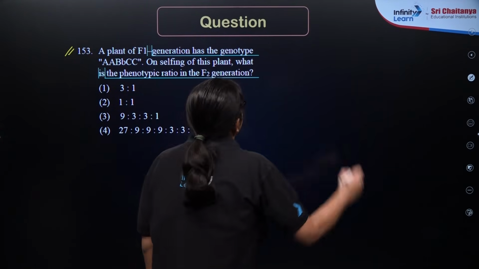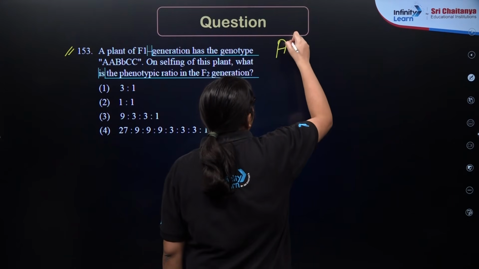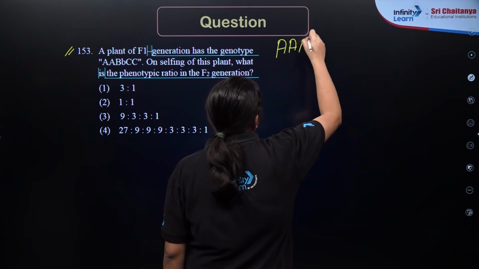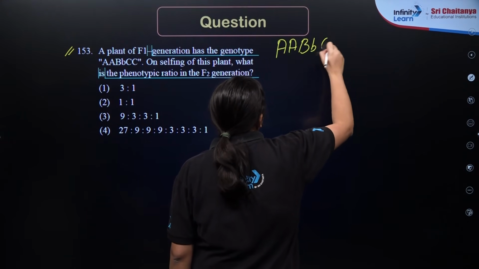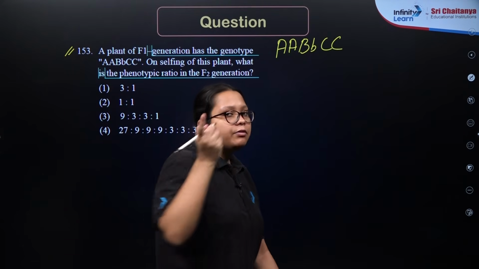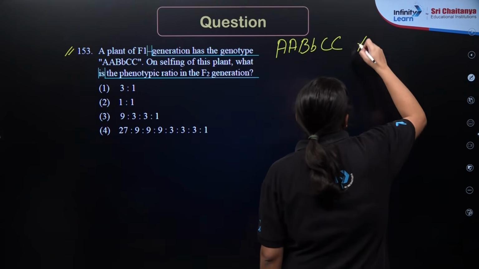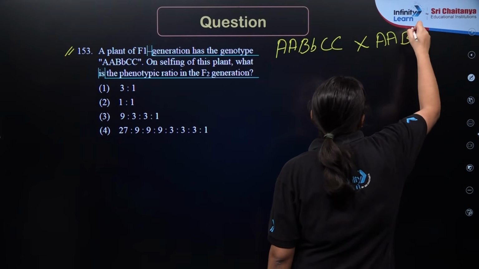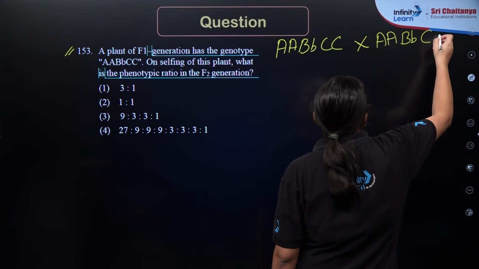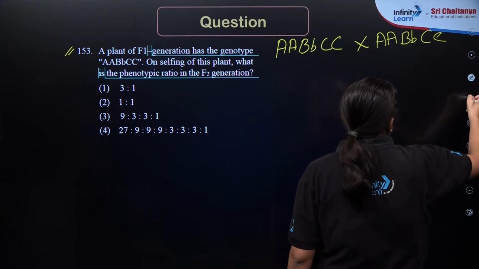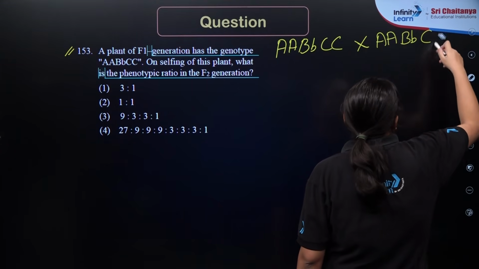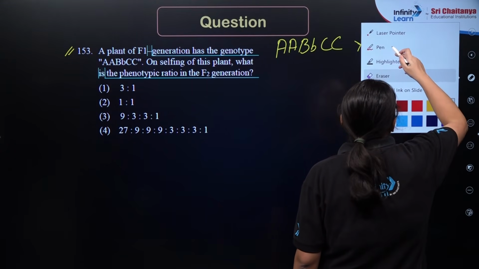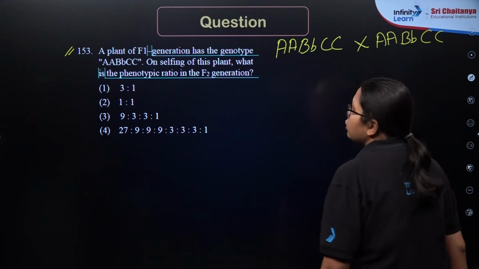So we have the genotype of the plant capital A, capital B, small b, capital C, capital C. We are selfing this, self-pollination. Means same genotype will be there. So now automatically we will form what? Punnett square. For the formation of Punnett square, we will need the gametes. What are the gametes it will form? How we will know gametes?